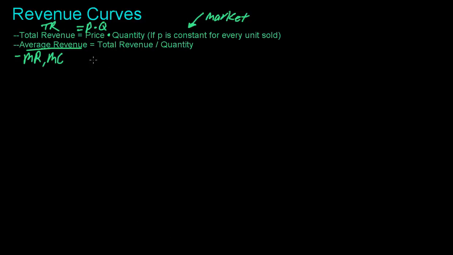So with that in place, now all I want to say is that average revenue is total revenue divided by quantity. And if we work with this in symbols, we get AR, average revenue, is equal to TR over Q. And now I want to use this formula up here that I'm underlining in blue to substitute for total revenue. So this is also equal to price times quantity over quantity.